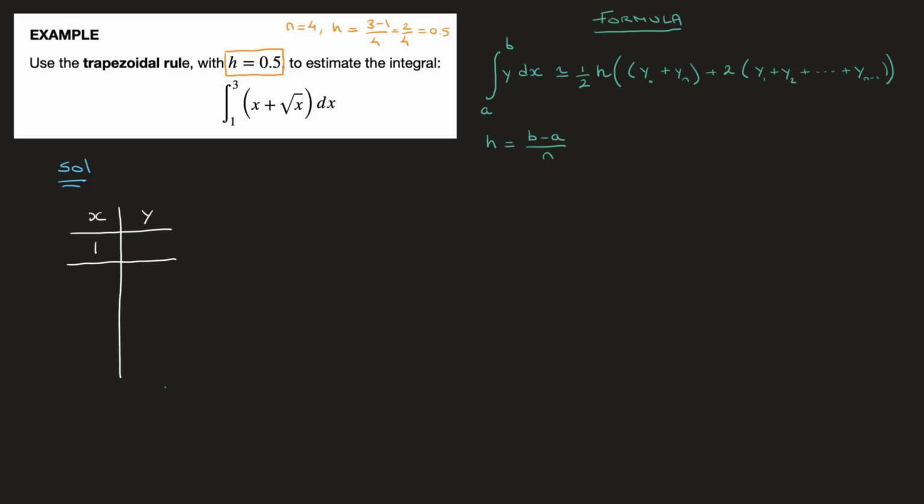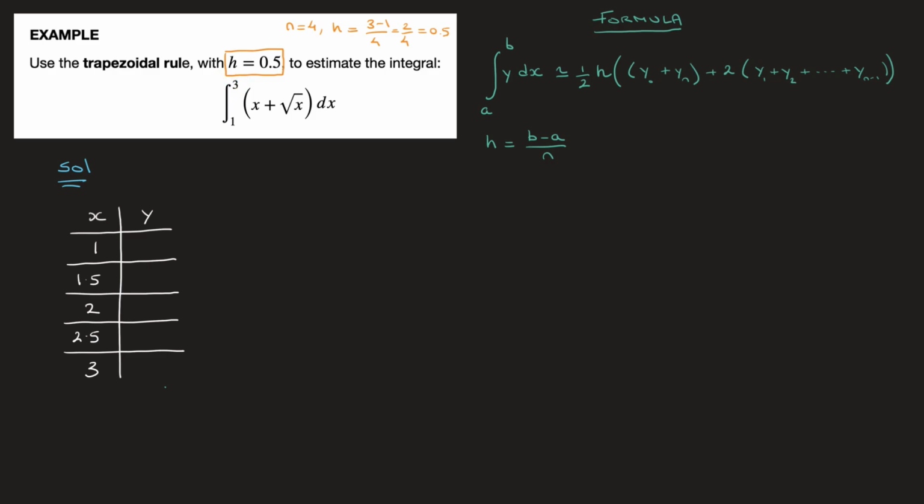So here with a step size of 0.5, the next x value will be 1 plus 0.5, which is 1.5. Then for the next value, we add 0.5 again, which gives us 2. We carry on and add 0.5, which gives us 2.5. And finally, we add 0.5 again, which gives us 3. And we stop there since we've now reached the upper limit of the integral.